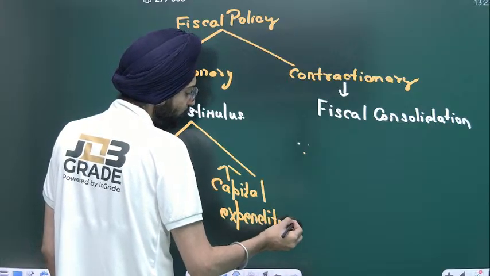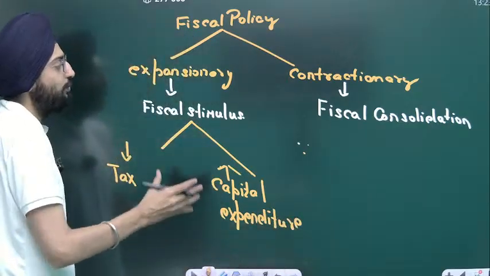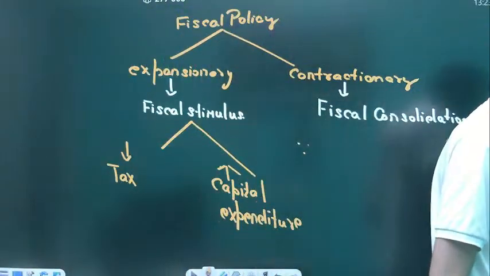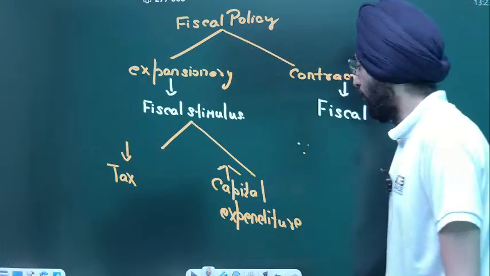These are the two broad ways through which the government performs its expansionary fiscal policy. I hope you got these points.